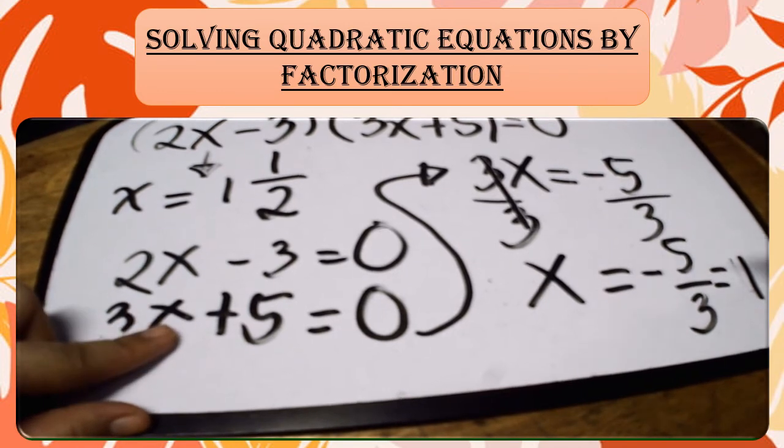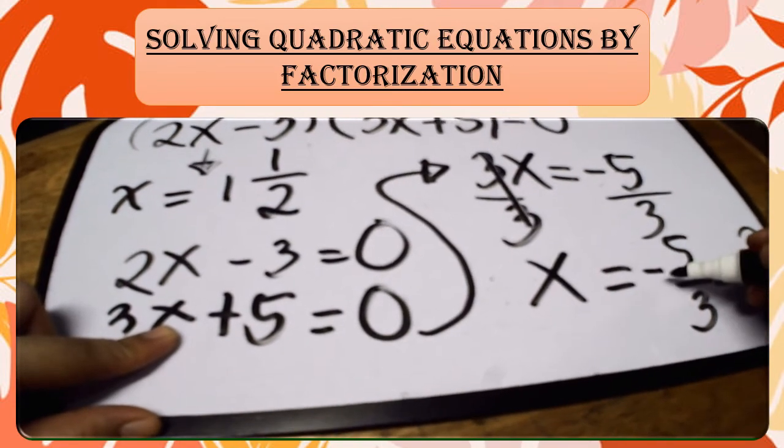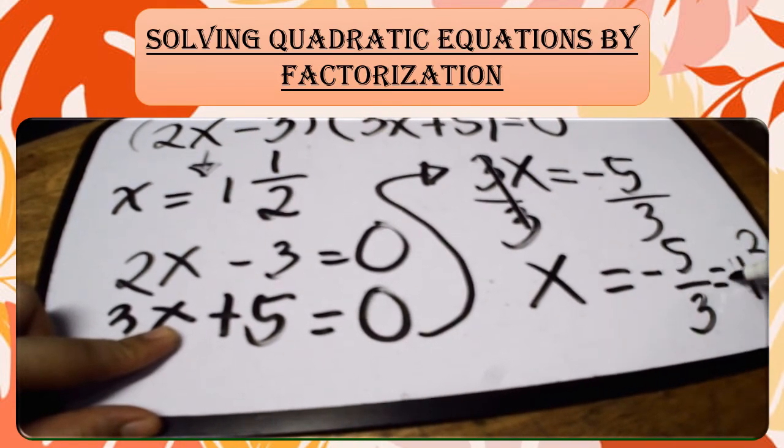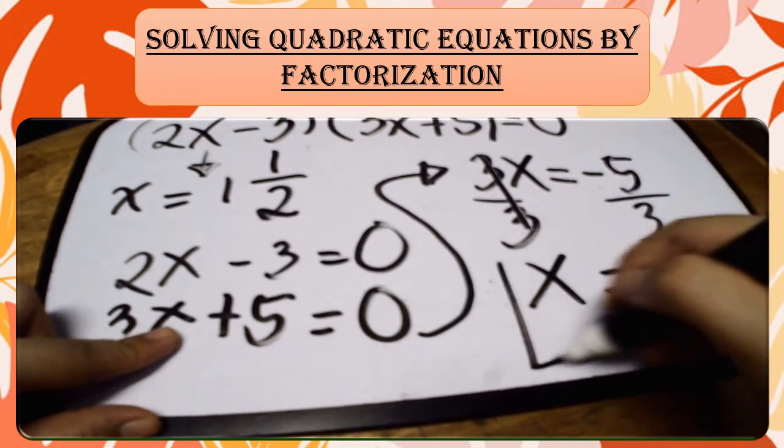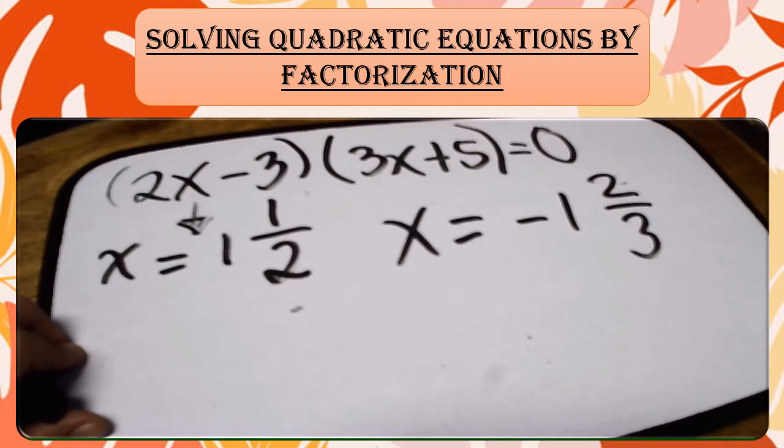Then, the remainder is 2 over, copy the denominator, which is 3. Again, it is negative. So, the answer is negative 1 and 2/3. So, the value of 3x plus 5 is negative 1 and 2/3.